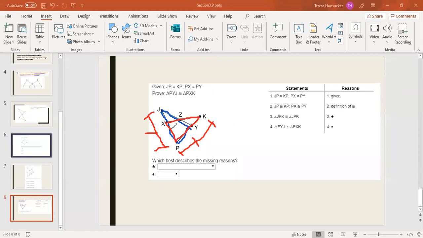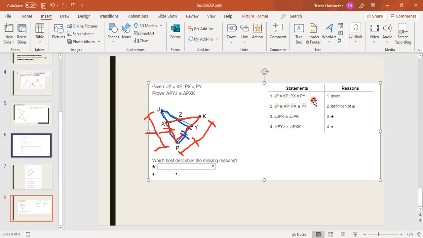That's a pair of bases, okay, in both triangles. Okay. So far we have two pairs of sides congruent. All right, so let's go over to the proof. And it says that JP equals KP and PX equals PY.